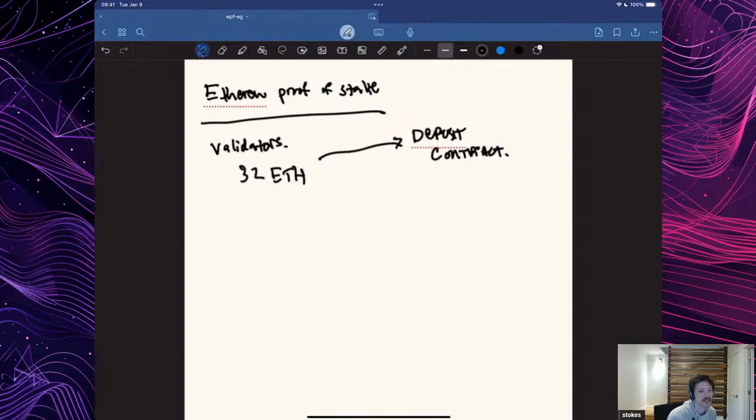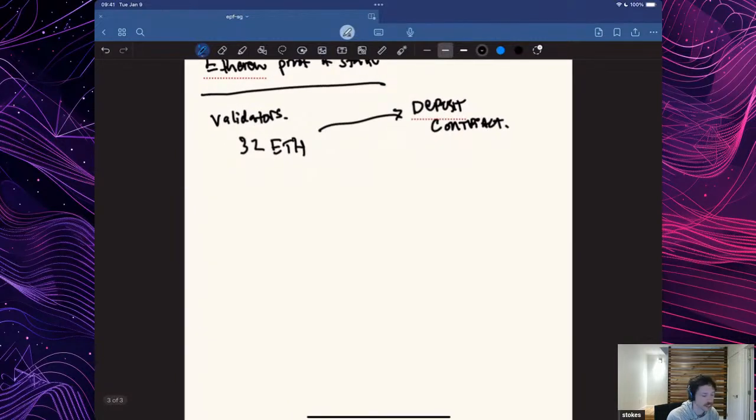Okay, so this is now a really important thing to understand: there's a consensus layer, CL, and an execution layer. And basically there are now two almost different parts of the protocol that work together. Before the merge, in proof of work Ethereum, these things were kind of one unit.